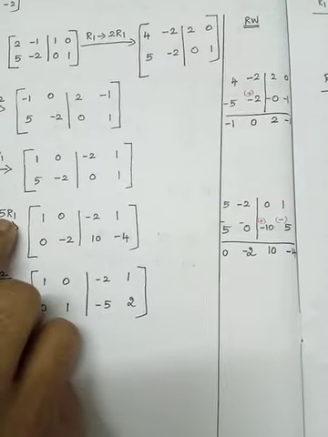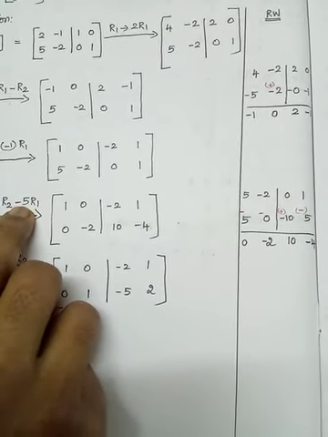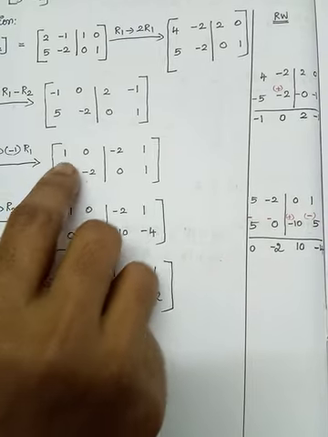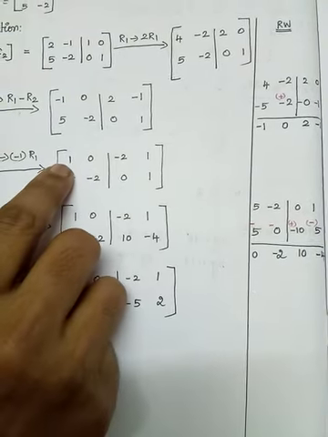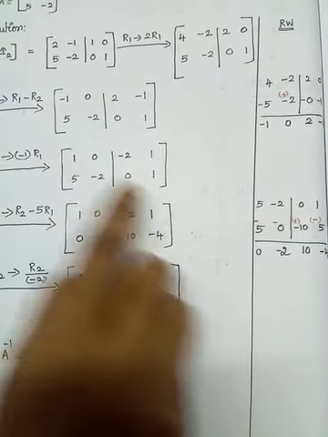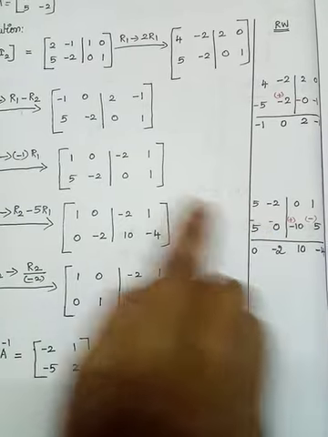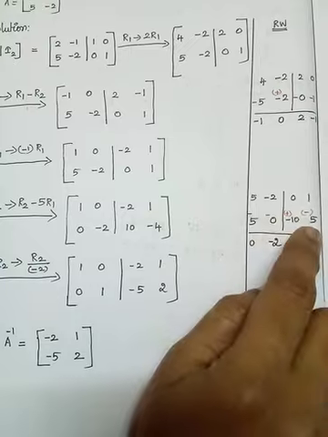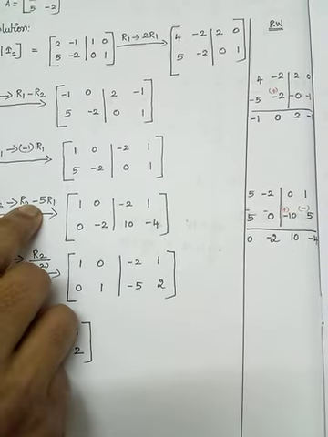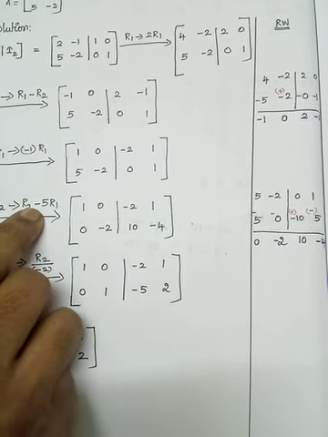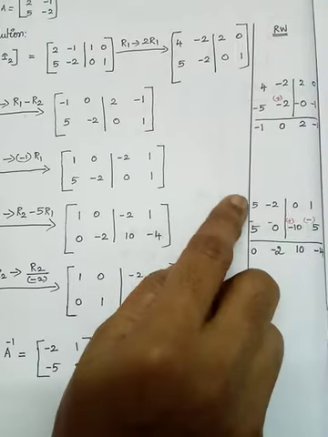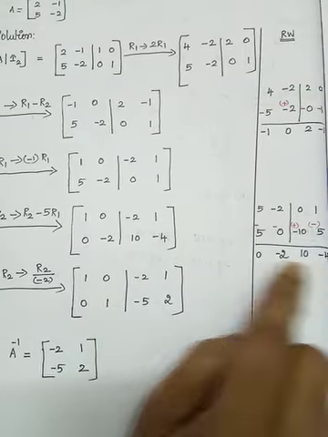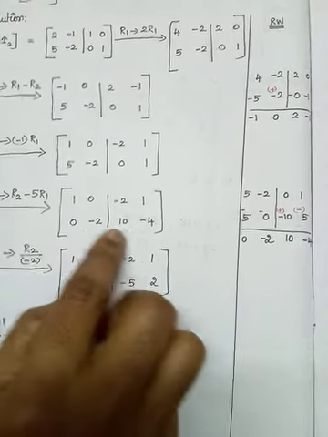Then every element of R1 has to be multiplied by 5, so it becomes 5, 0, minus 2 into 5 is minus 10, 1 into 5 is 5. In between you have the subtraction, so you have to change the sign. When you simplify, you get this answer, which I have written in the place of R2.